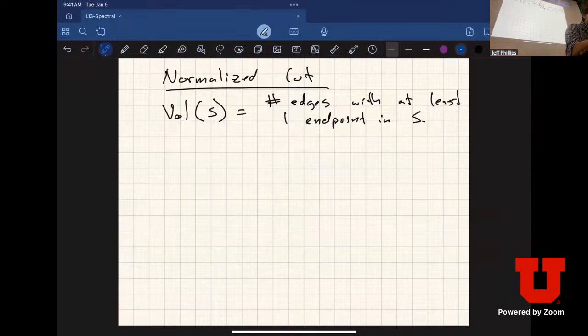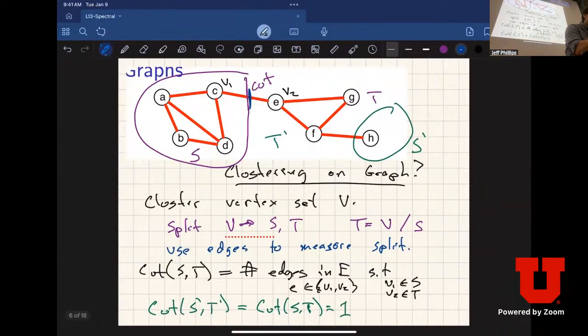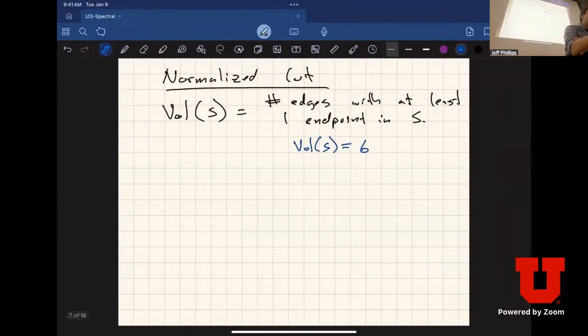On the previous example, the volume of S, which was the purple cut, should have been 6. I have 1, 2, 3, 4, 5 entirely inside, and the one I cut going across. The volume of T is going to be equal to 5.